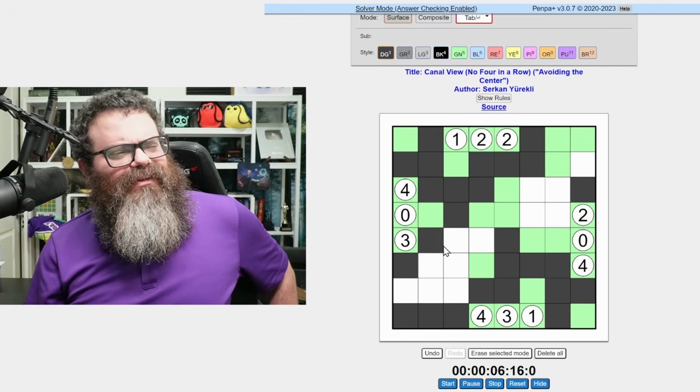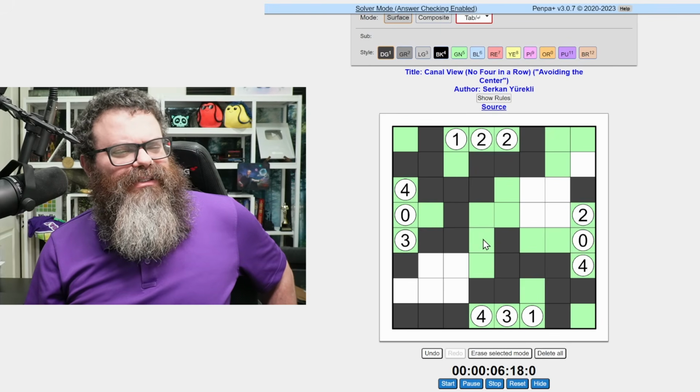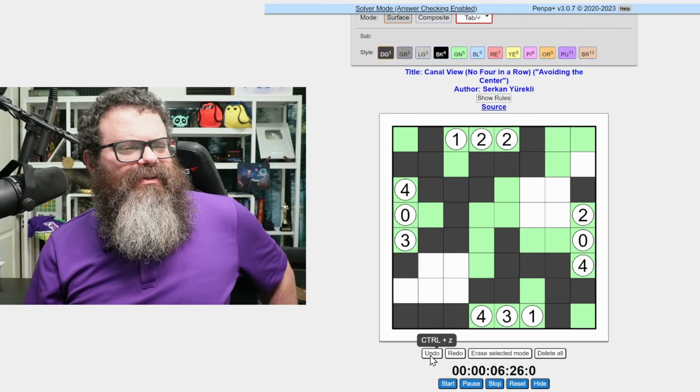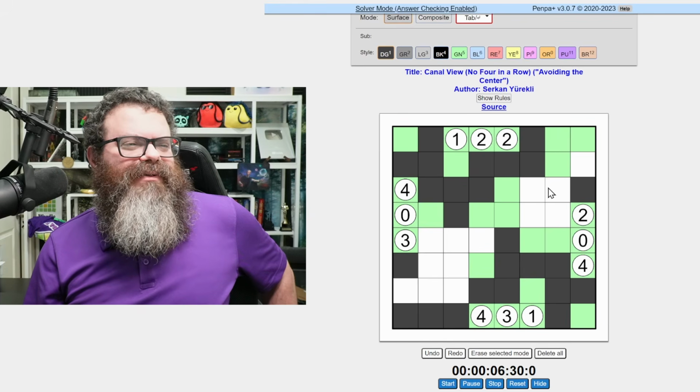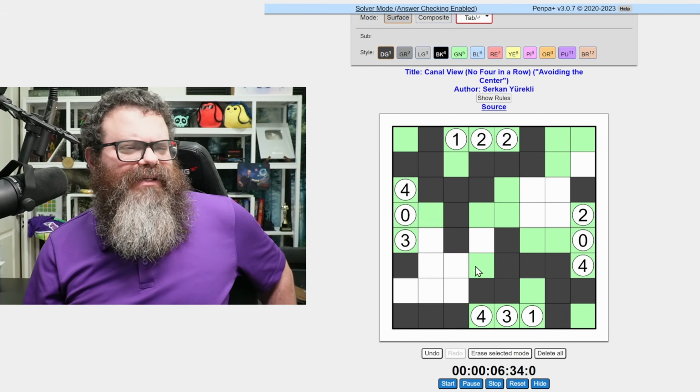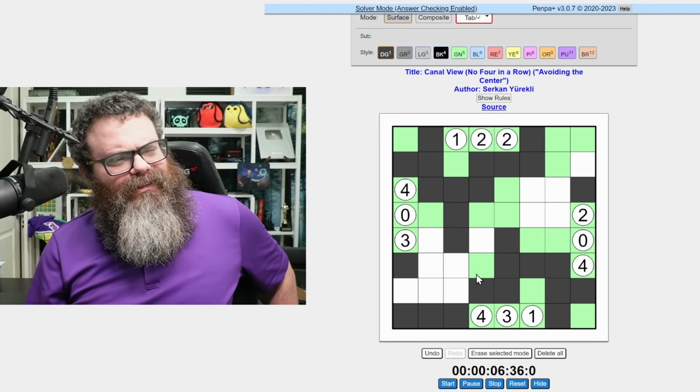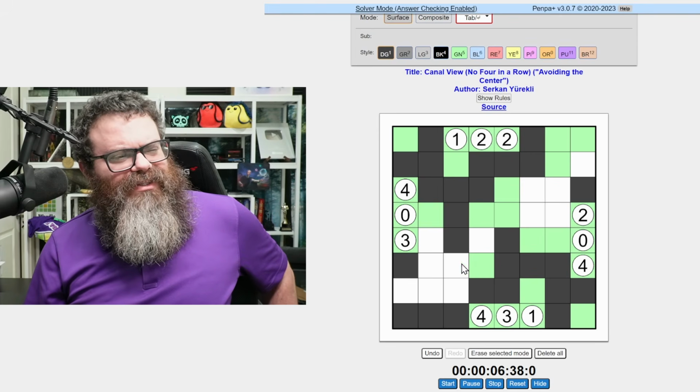I'm wondering about doing this, because that unshades this one in order for the 3 to finish, and this one. Oh, I noticed something interesting, which is that this blob, even if it escapes here, it cannot connect to this. So it actually does have to come down here. And that's 3 in a row, so we have to unshade that one.